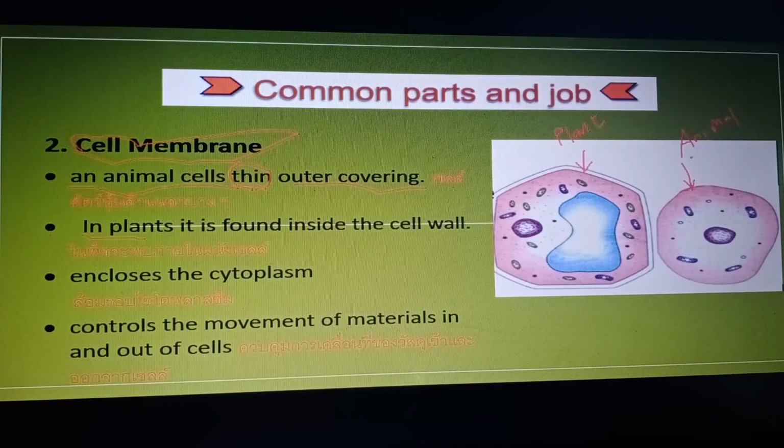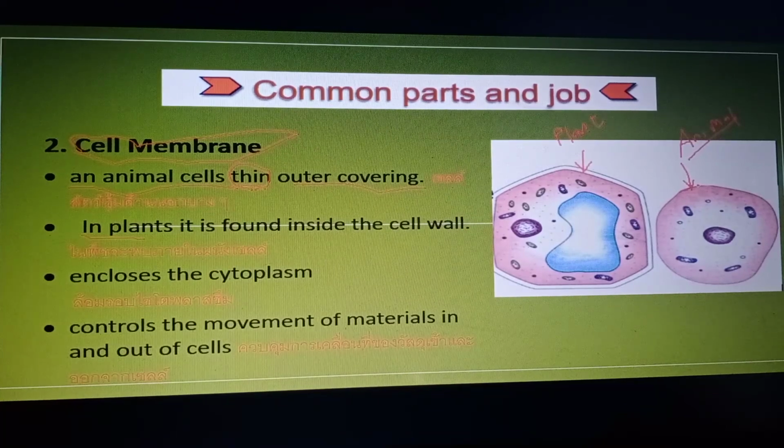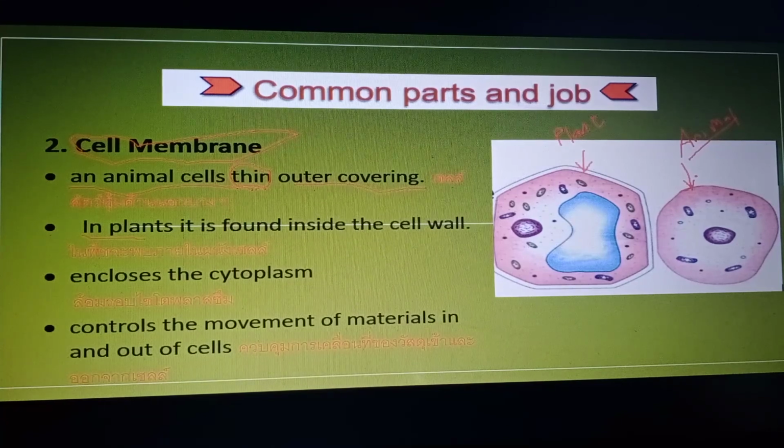While in the animal cell, the first line that covers or encloses the cytoplasm is your cell membrane. So there is quite a difference between the two. In plants, it is the second line, while in animal cells, it's the first line that encloses the cytoplasm.